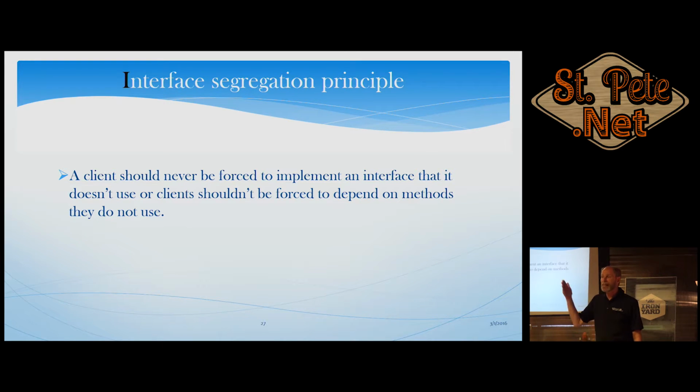So instead of ICustomer, you may have ICustomerSalesHistory, ICustomerBilling, 5 or 6, 7 interfaces that break up what a customer is. So now your accounting package just worries about customer billing. Your RMA team worries about customer orders. Does that make sense? See where segregation, breaking up into lots of small things, is different than just having an interface.